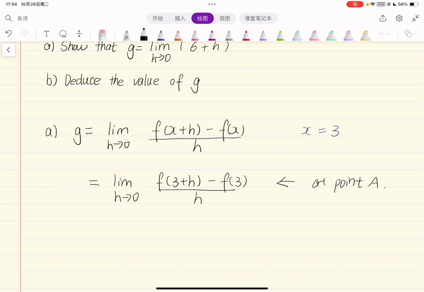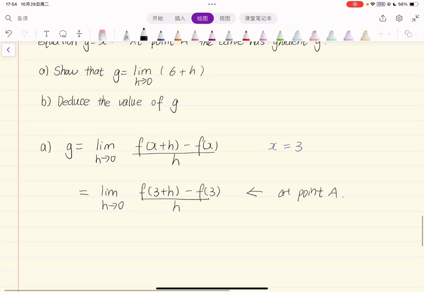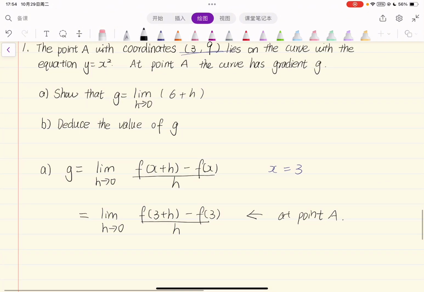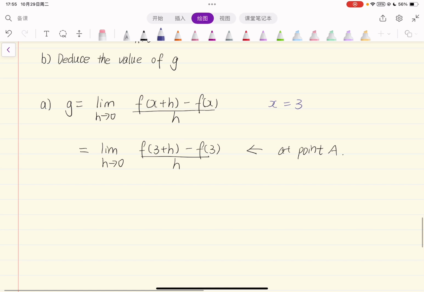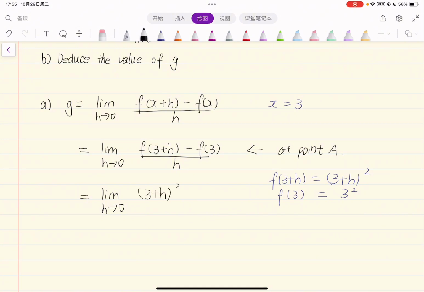If we substitute 3 plus h into the equation y equals x squared, we can write down that f(3 plus h) equals (3 plus h) squared. Same for f(3), which equals 3 squared. So we have g equals the limit as h tends to 0 of (3 plus h) squared minus 3 squared over h.